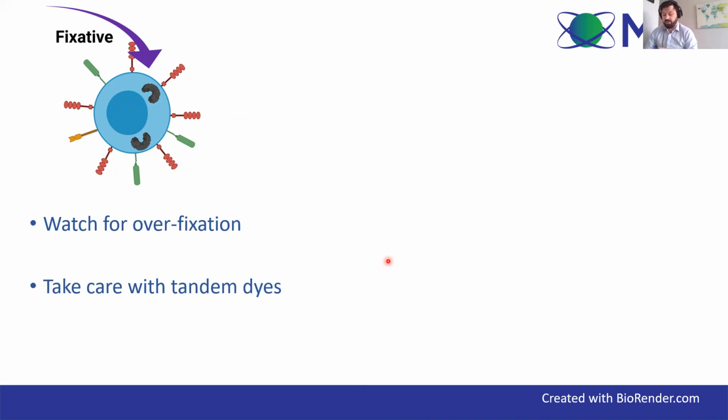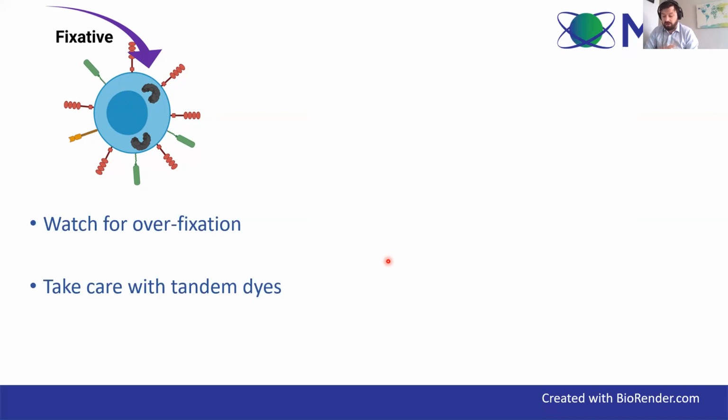So while it's definitely possible to use tandem dyes on fixed cells or with intracellular staining, you do need to make sure that your protocol is okay with this, that it's not damaging the dyes, that you're not seeing a reduction of intensity, or that you're not getting the acceptor knocked off, so you end up with staining, for example, in the PE channel.